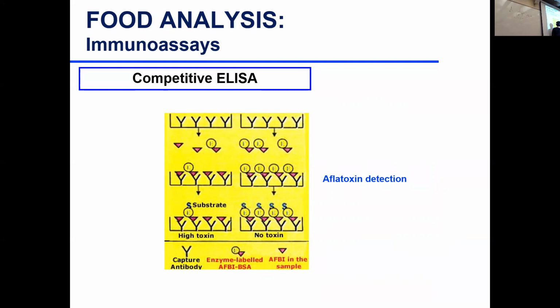All of the enzyme-linked haptens are bound to the antibody. Therefore, I have really high absorbance. So again, in competitive ELISA, higher absorption means lower concentration in your sample. Questions? Okay.